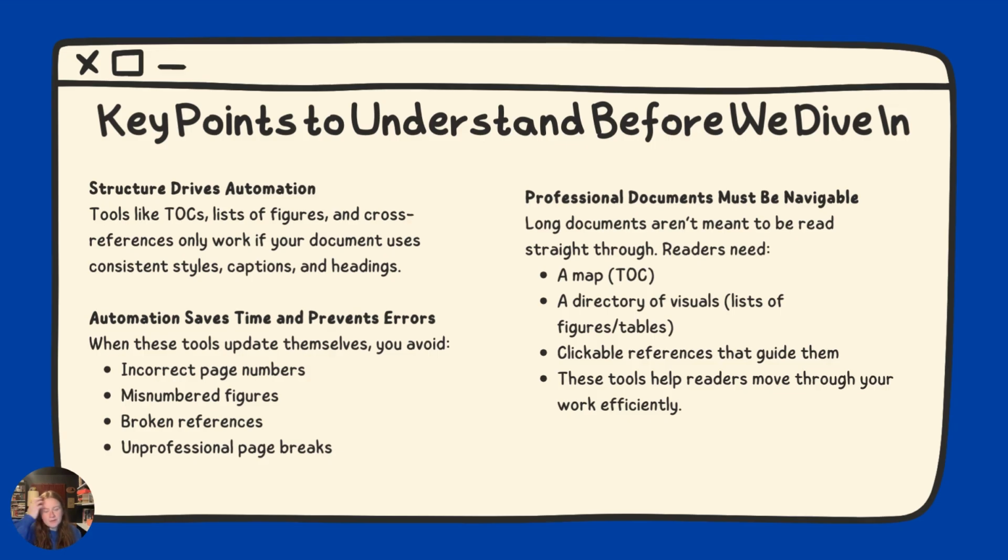There are a couple of things that I want to make sure are very clear before we move forward. First, a lot of what I've talked about previously is coming into play here. The structure that I've repeated multiple times that you should have is going to facilitate your use of things like a table of contents. If you've been doing everything properly, maximizing the abilities of these programs so far, then you're going to be able to employ these things today very, very quickly, very easily.